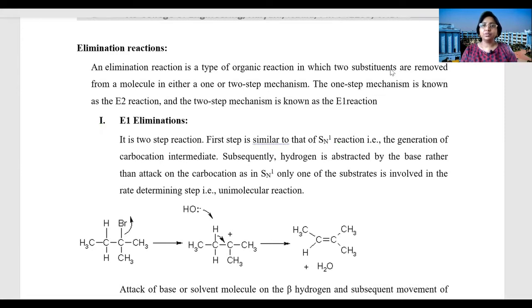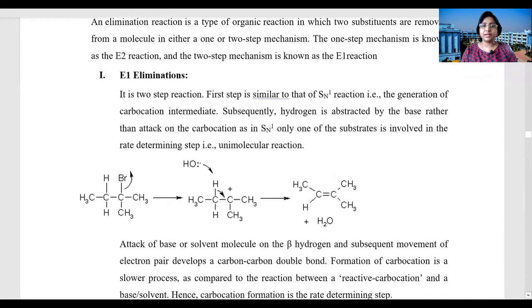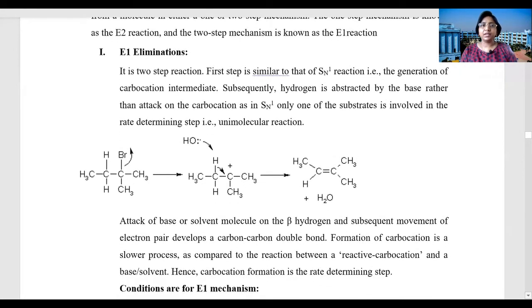Now look at this figure, then you will be more clear about the E1 reaction. Here first you can see that the bromide ion is left.